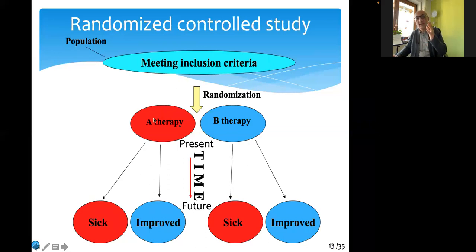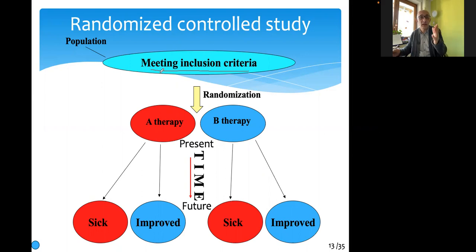Our last classical study design is the RCT, the randomized controlled study or experimental study. In experimental studies, you decide on your inclusion criteria. So you decide which people, which problem, which patients you are going to target. It may be hypertensive patients, for example.